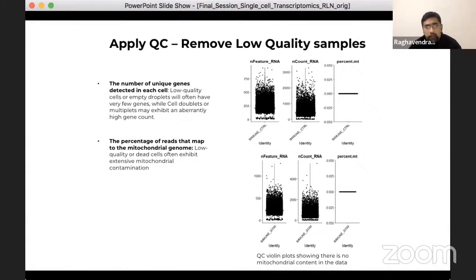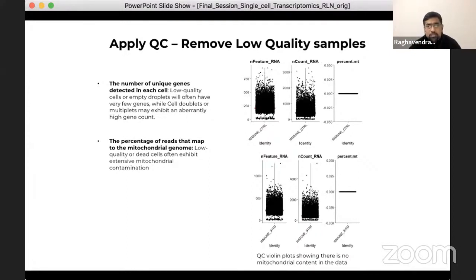On the other hand, cell doublets or cell multiplets may display an abnormally high gene count. So you have to make sure that you filter out both the low quality cells and the droplets which have more than one cell or fused cells in them, so that they will not interfere in our quantification of this single cell RNA analysis.